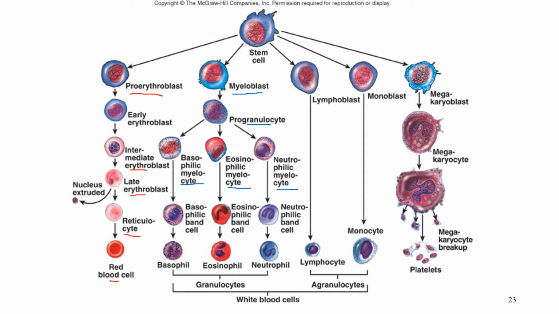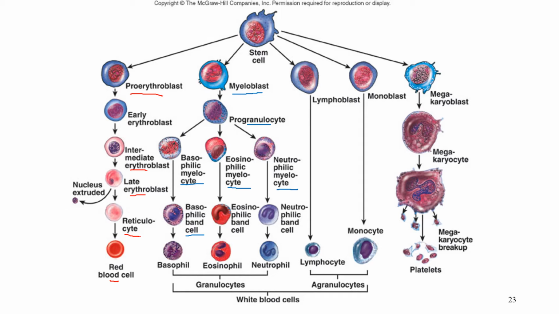And then, kapag neutrophilic, usually, nagbabalansa yung color. Okay? And then, the basophilic myelocyte will develop into a basophilic band cell, and then eventually it will become a basophil.